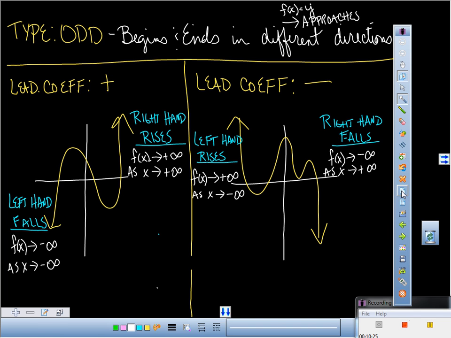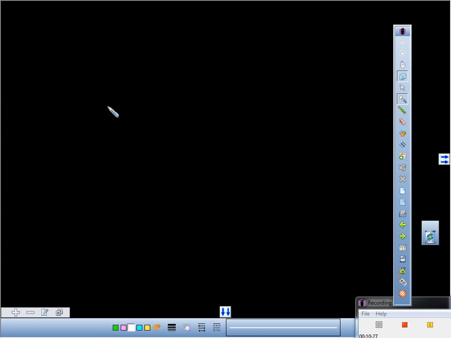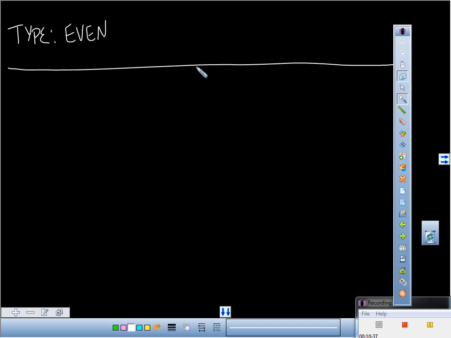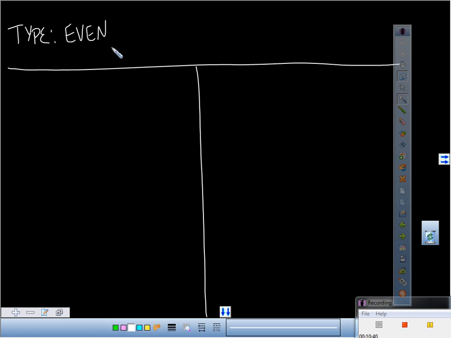All right, so now all we got to talk about is even functions. Now, look, if an odd function begins and ends in different directions, what do you think an even function's going to do? Yeah, he begins and ends in the same direction.